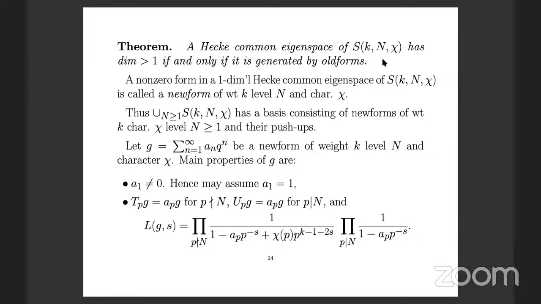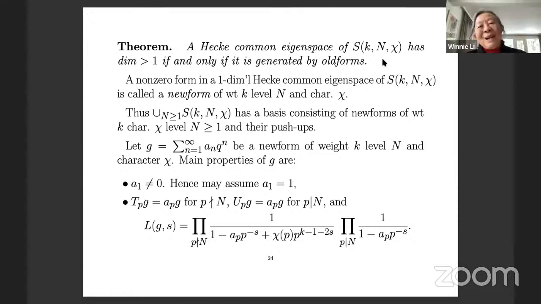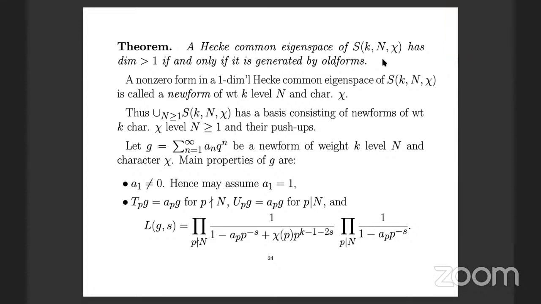Okay, I was confused, now it's okay. This first says that if the common eigenspace is one-dimensional, then it doesn't contain any old forms, and if the eigenspace has dimension greater than one, then everybody there is an old form. Thank you.